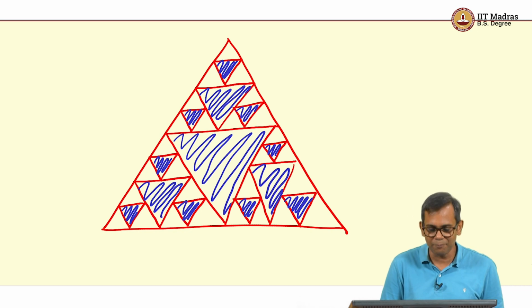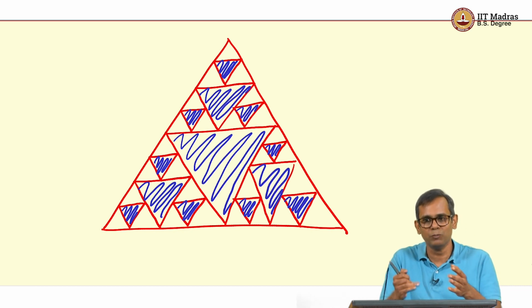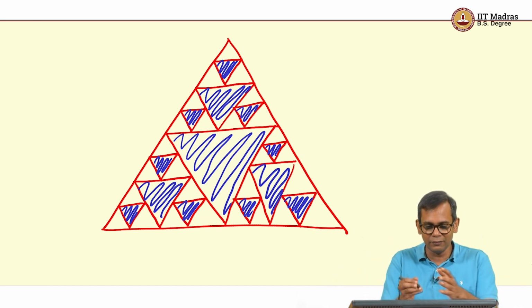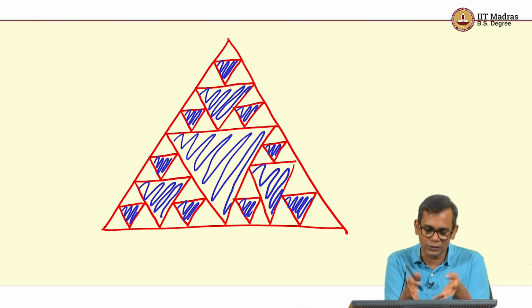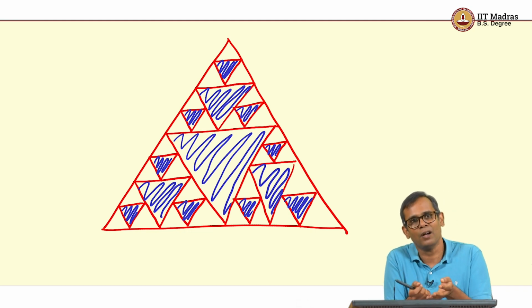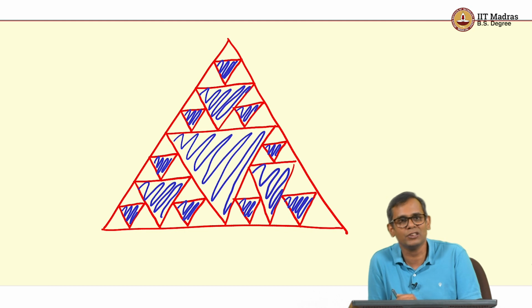So, you see what is happening is, while earlier we were moving from the top outwards and downwards, here we start with a bounded triangle and we keep moving inwards. And this is an example of what mathematicians call a fractal.